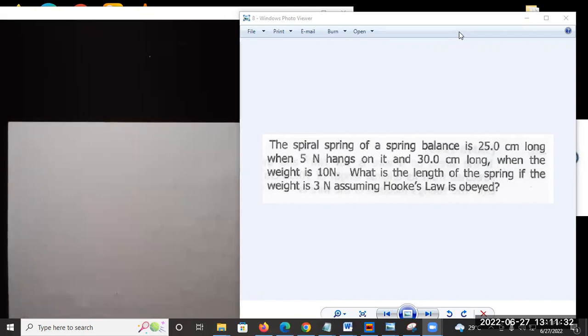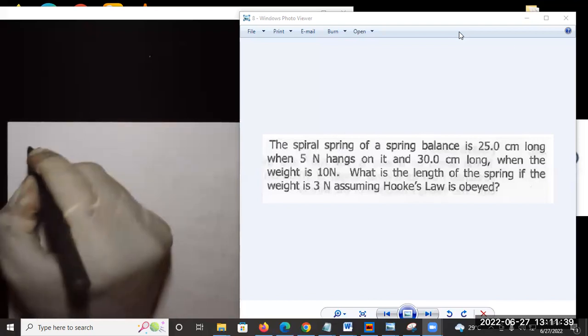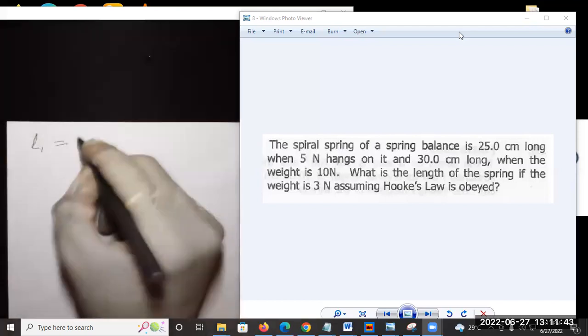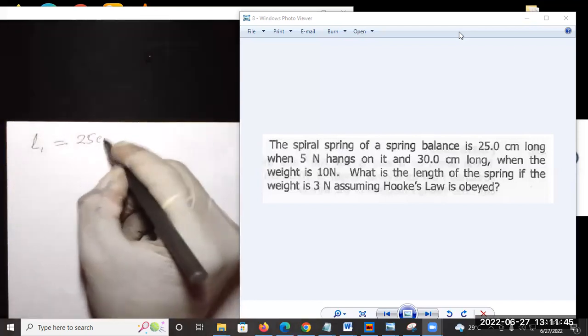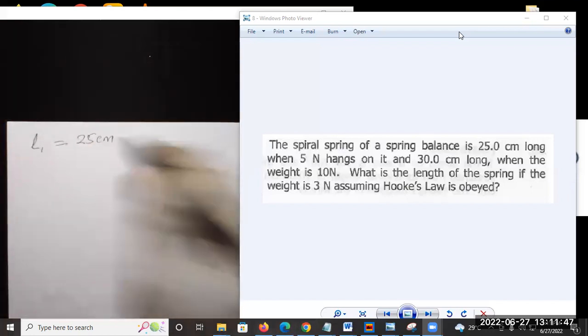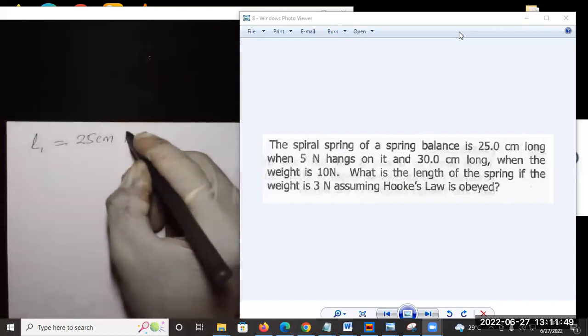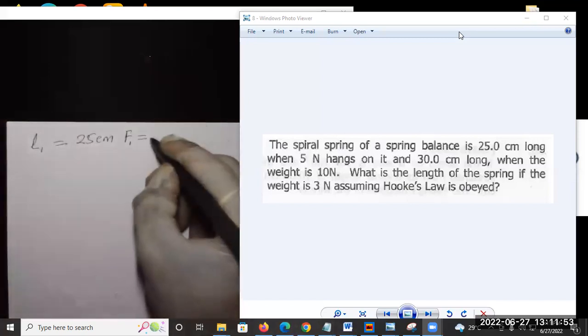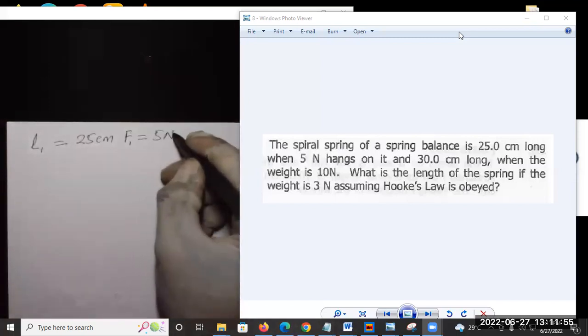In this question, the first length given to us, let's say L1, is 25 cm, with the first force applied, F1, being 5 Newton.